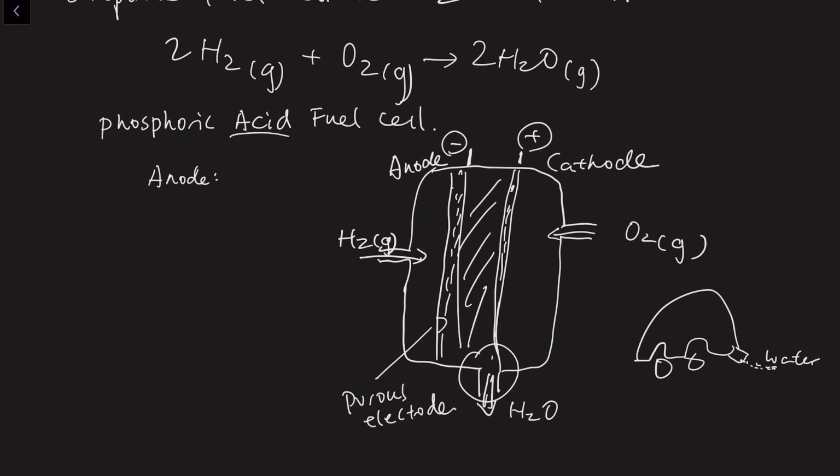If we do not have this porous electrode setup, the reaction will be really, really slow, and you will have a very low efficiency for your fuel cell. So that's why we need a porous electrode on both sides. Remember, we also need a catalyst, otherwise the rate of reaction will be too slow.